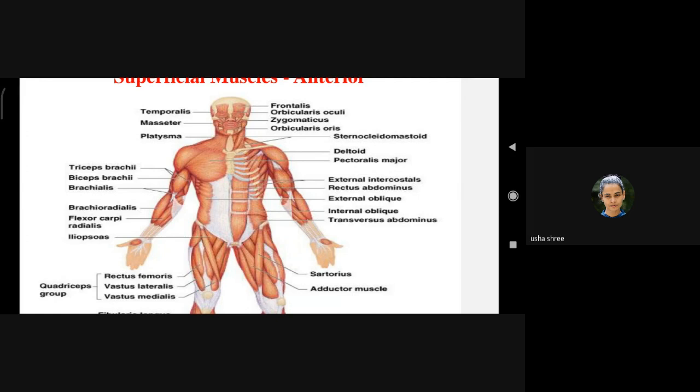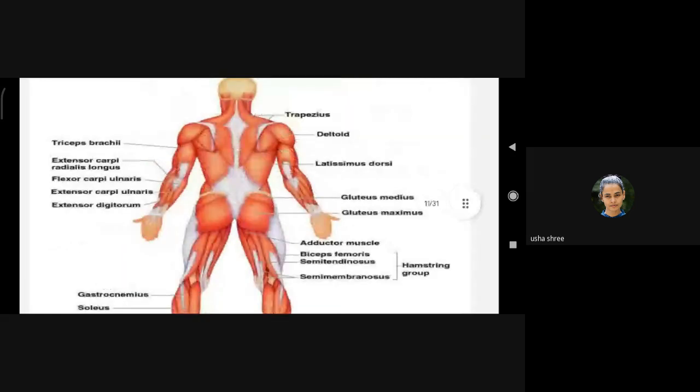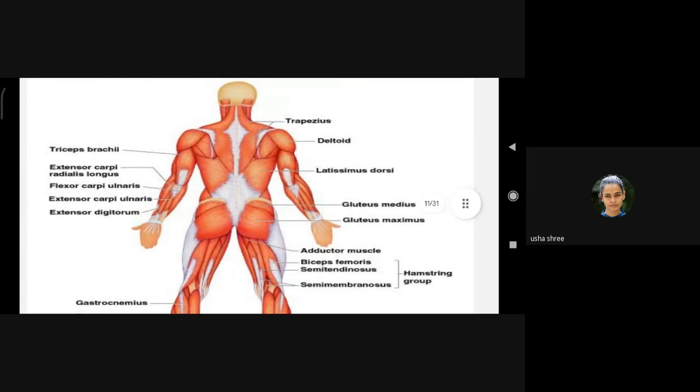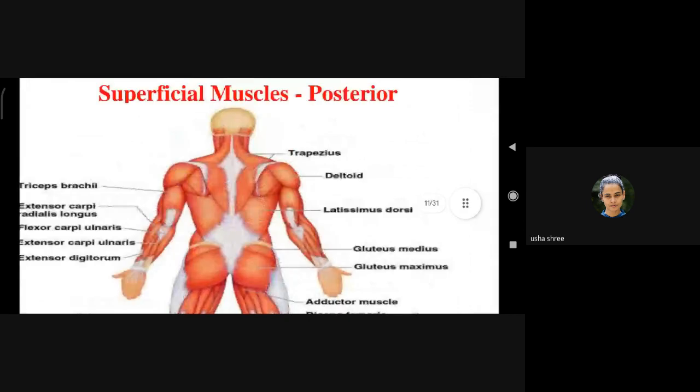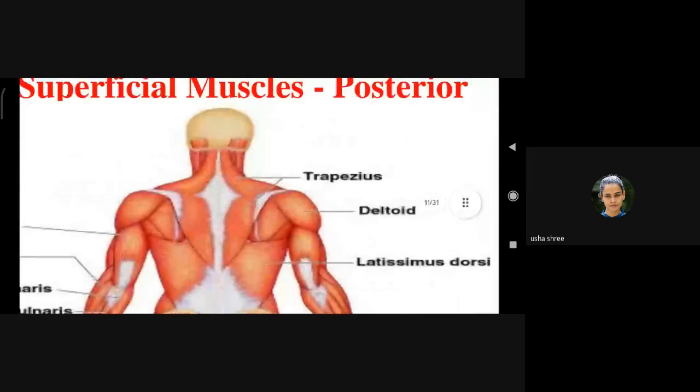Or you can see in the back the trapezius muscle at the neck. You can see that this muscle is shaped like a trapezium. That is why it is named so; the muscle shape is like a trapezium, so the muscle name is trapezius.